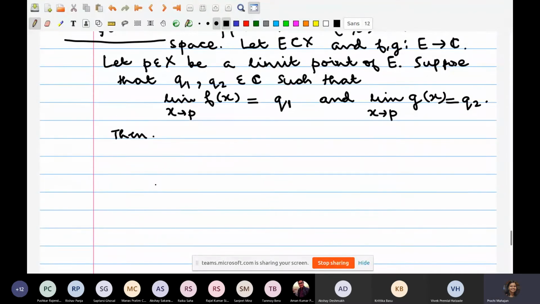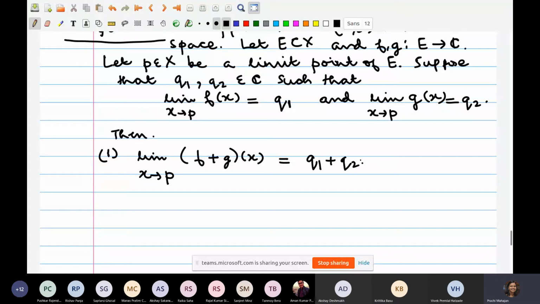the following statements hold true. So I'm looking at the sum. This is another function, f plus g. So f plus g is defined on E. So limit exists and equals Q1 plus Q2.